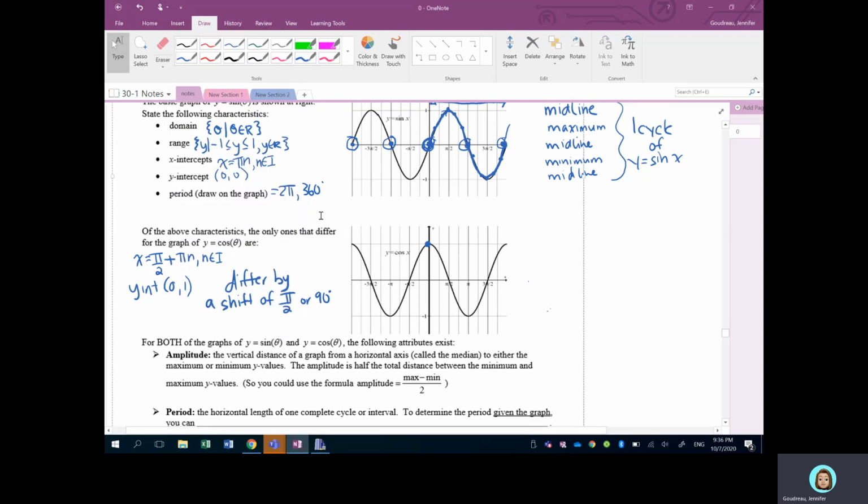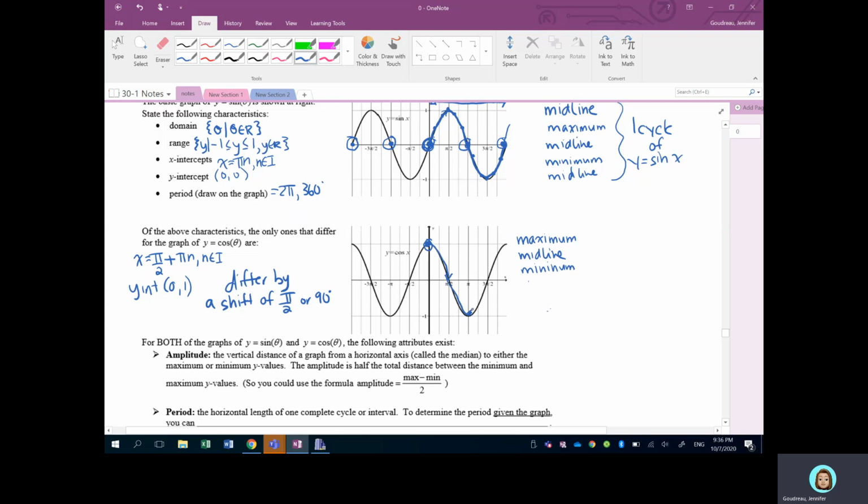Let's also just notice that cosine does start at its maximum. So if I was to list, kind of like we did up here, what a basic cosine function does, cosine will always start at its maximum y value and then travel down to the midline, halfway between the max and min. It continues traveling down until it hits the minimum point.